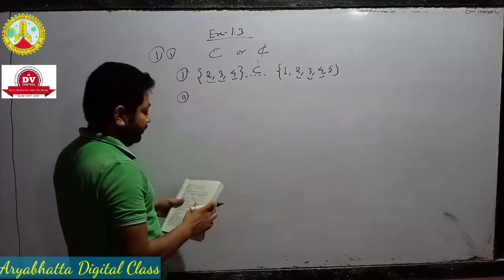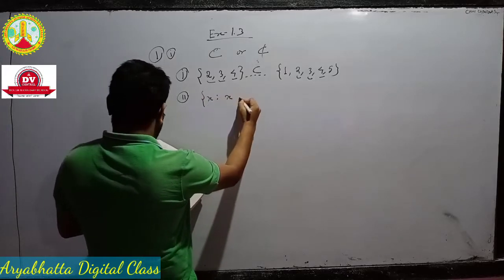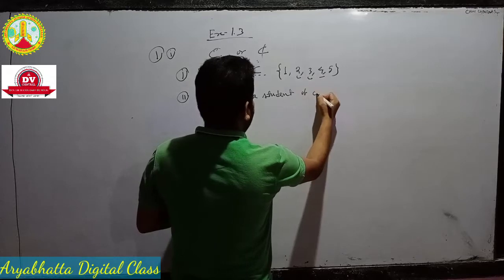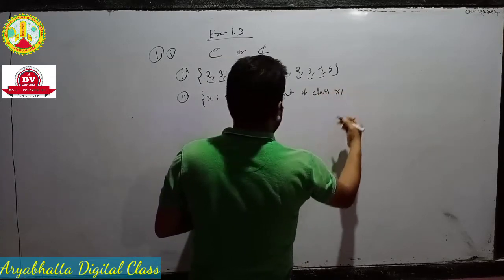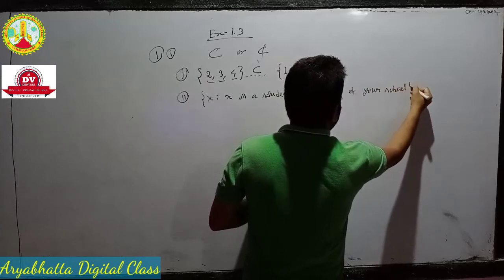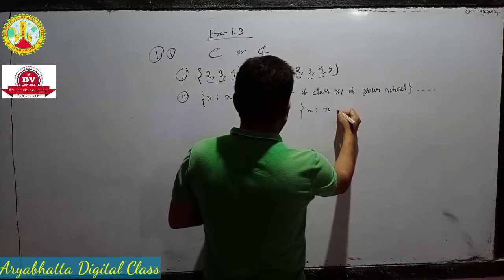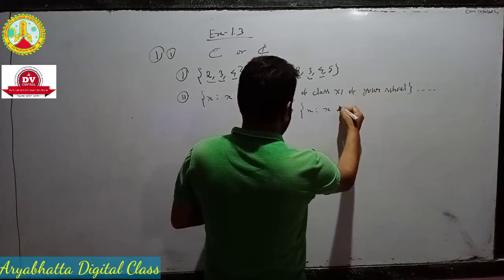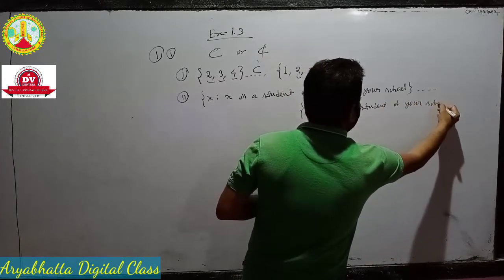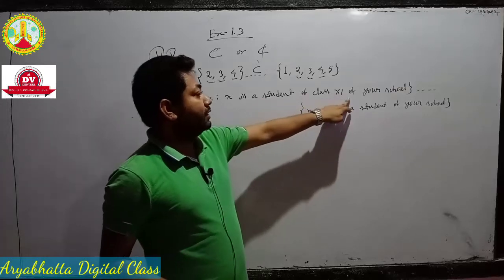Number 2. The first set is X such that X is a student of class 11 of your school.